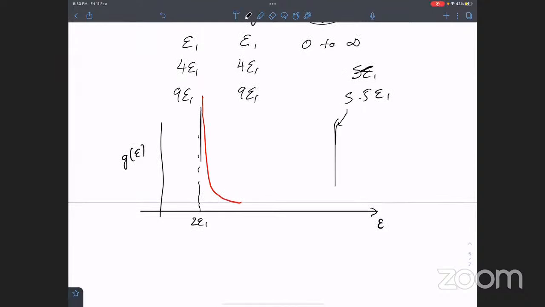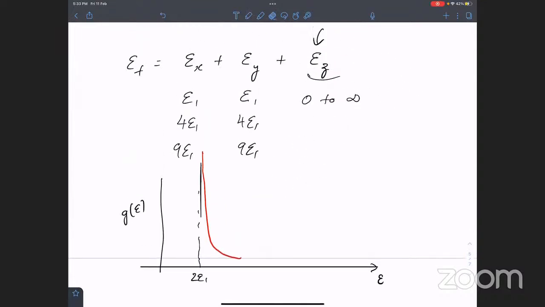The minimum energy along X is E1, the minimum energy along Y is E1, and the energy along Z can be anywhere from 0 to infinity because it's free there. So I will not have any states at all below total energy 2E1. After that, it will follow this inverse thing.